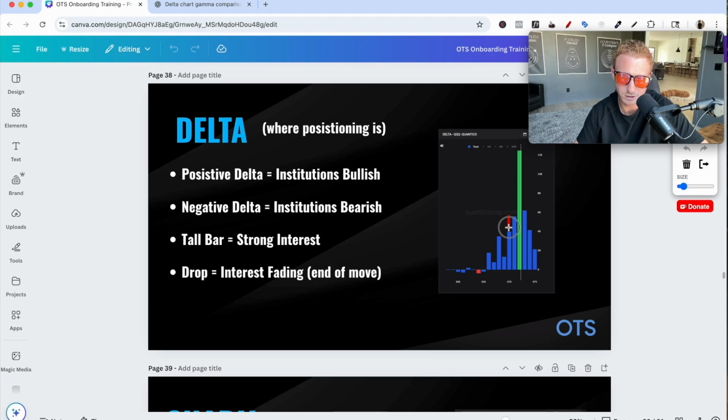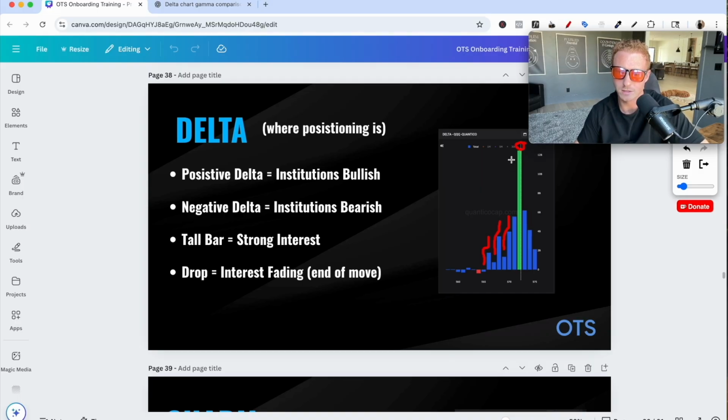As you can see, pretty tall bar, and then it just drops off really quickly, or this bar drops off, or this bar completely just drops off. These are typically going to be the end of the move, meaning they can act as support if price is pulling down here. This dotted line is where price is. And I'm going to show you the tool that I use for this in just a second. But that's essentially what you want to know.